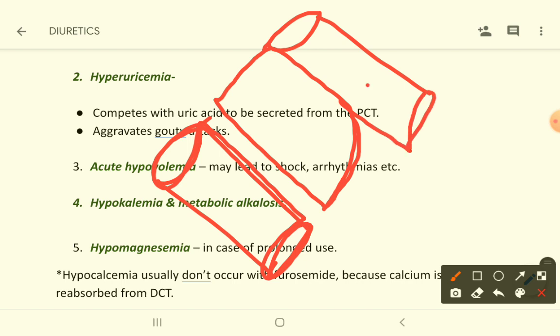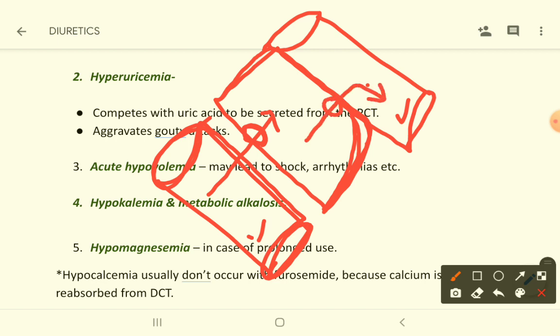So here is your blood, and here is your urine, and this is the proximal convoluted tubule epithelial cell. What happens is that uric acid must be excreted. Uric acid comes through an anion transporter into the epithelial cell, and through another anion transporter it goes to the tubular lumen, and through the lumen it gets excreted in the urine.